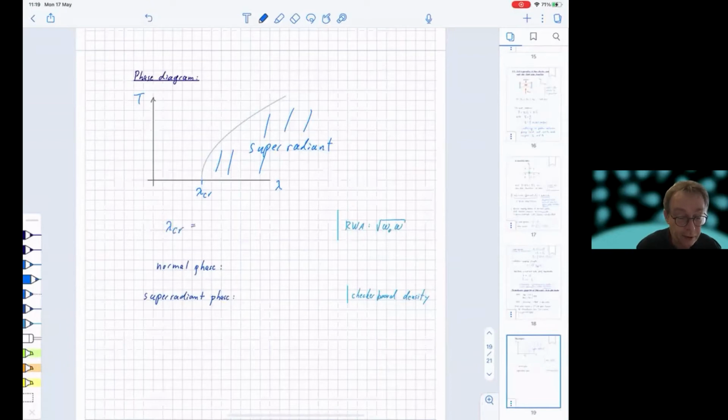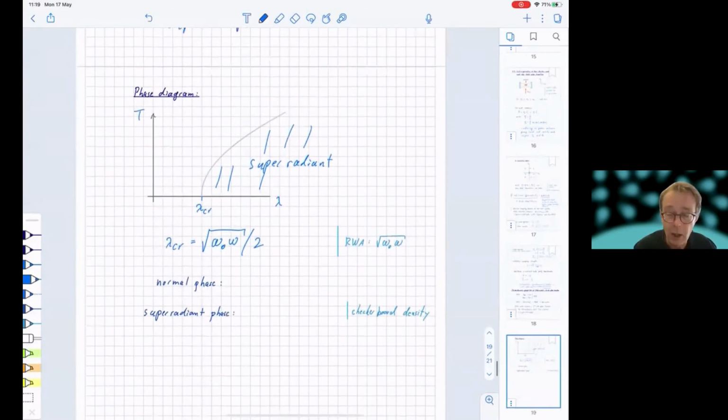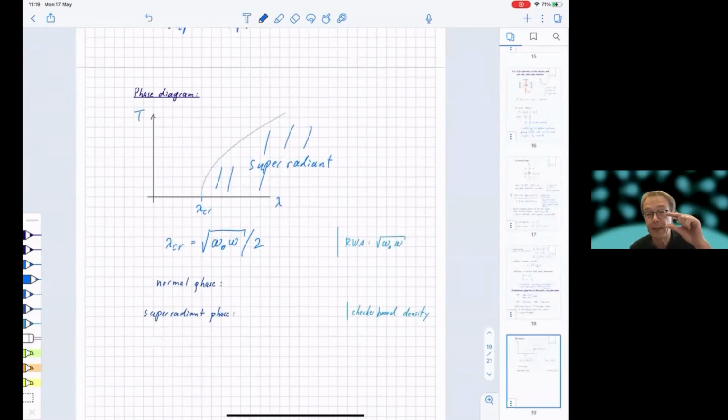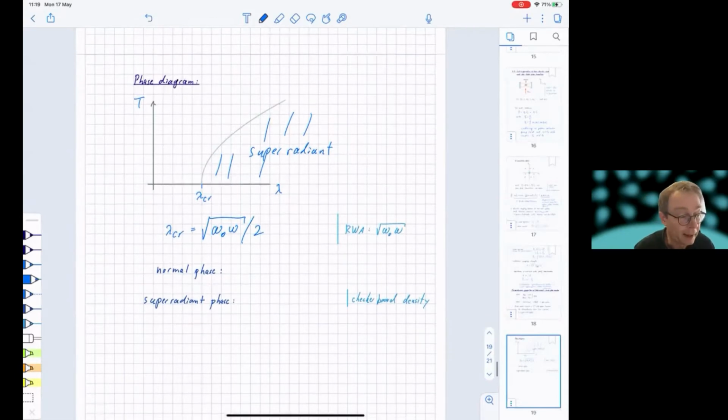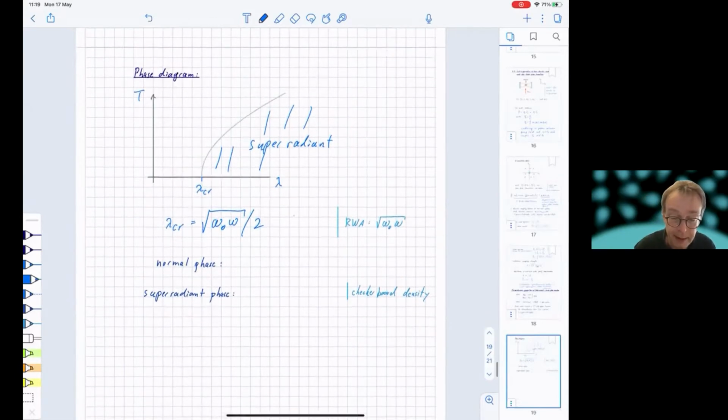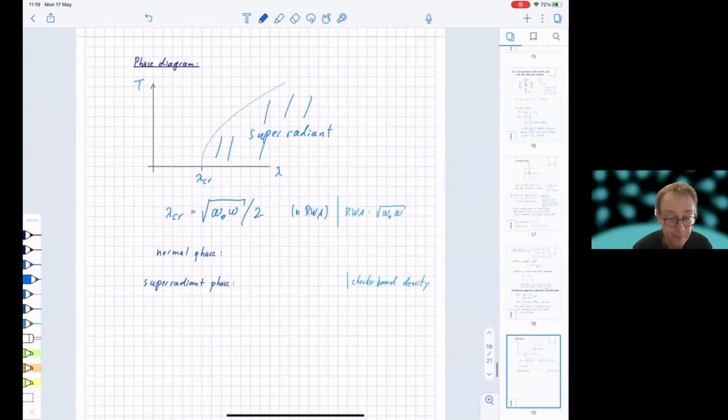And this lambda critical is the square root of omega 0 divided by 2, where omega 0 was the difference between the two levels. And that is when you take into account the non-rotating wave terms.